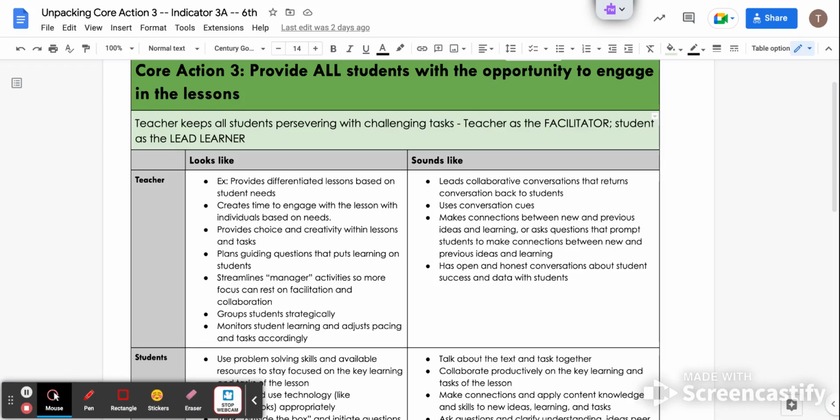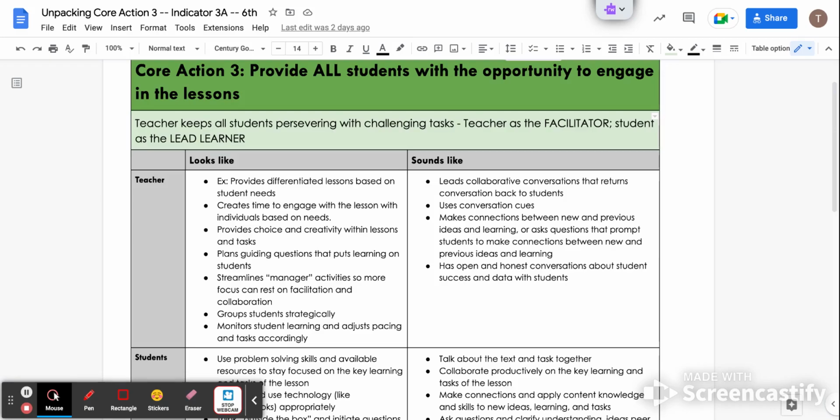So I made it work for us. I took away some of the columns. What it simply focuses on is the section of the lesson, the time each section takes, what the teacher is doing so that we can highlight core action 3, and then what the students are doing. So it's really simple.